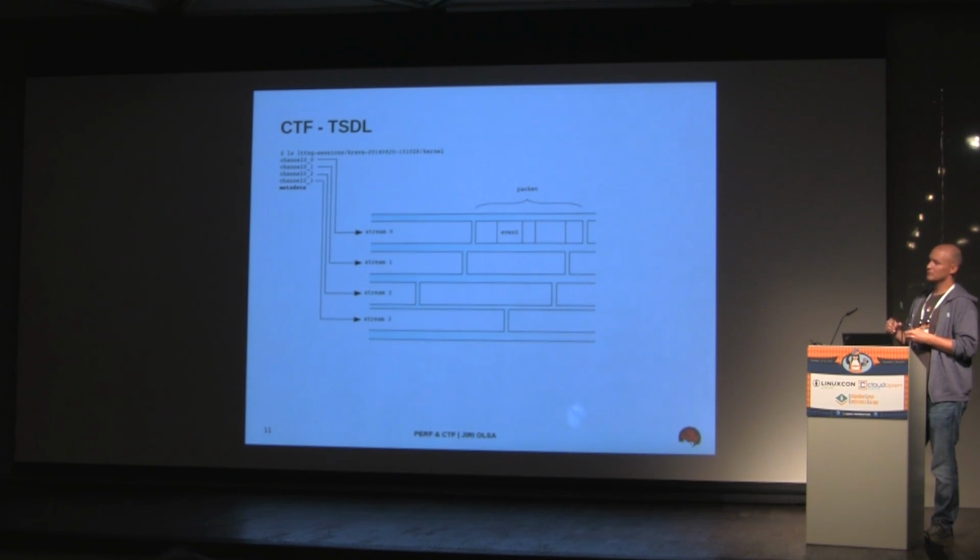For each stream, you can store multiple event types. On top of it, each stream can be divided into packets. What TSDL does is provide you the structures for the packet header, packet context, and events in the system, and you can extend those structures and define your own format.